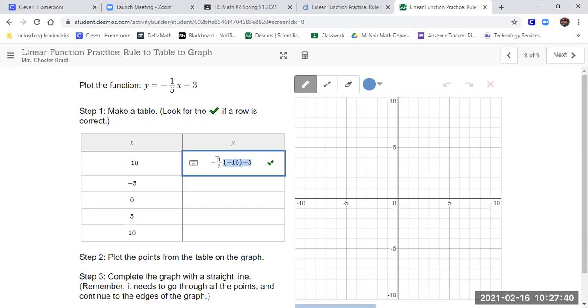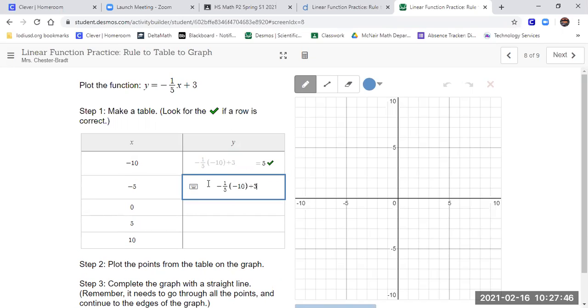Is this one proportional? Look at the equation. Look at the rule. Is it proportional? If I look at that rule, does it tell me proportional? No. What about it makes it not proportional again?